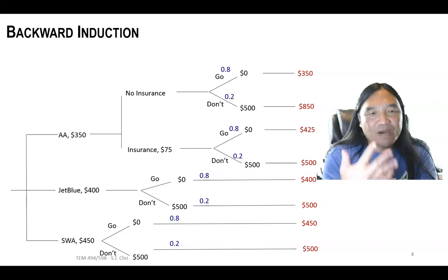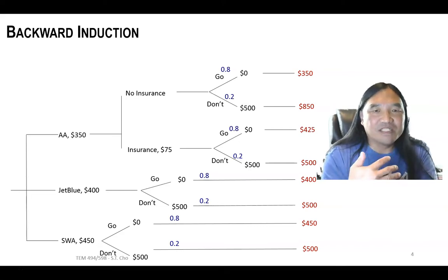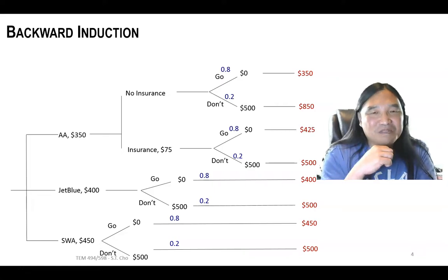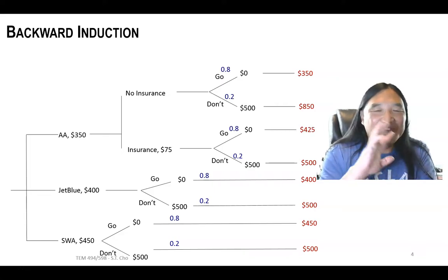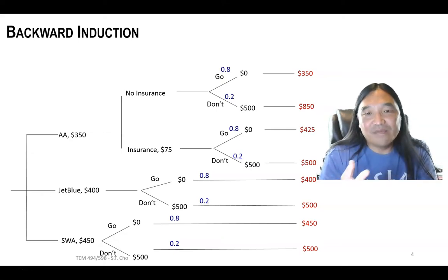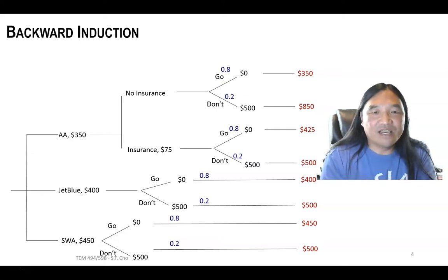And so if I buy insurance or don't buy insurance, what's next? Am I going to go or don't go? So I'm saying I have an 80% chance of going or 20% of not going. And so you see with American, you're taking a very big risk. If you don't go, then you lose the original price of the ticket and their change fees and everything else. On the other hand, if you buy insurance, it's much less.